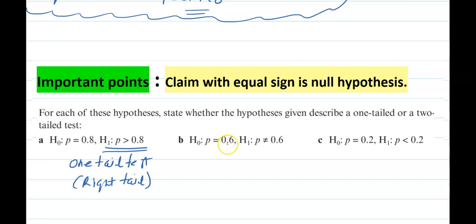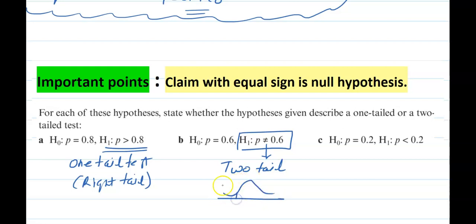Now here P is 0.6, so we need to see the alternative hypothesis. If you see here there is a not equal sign, so definitely it is a two-tail test. It means our significance level alpha will be divided by 2. So it will be alpha by 2 here, and alpha by 2 here.